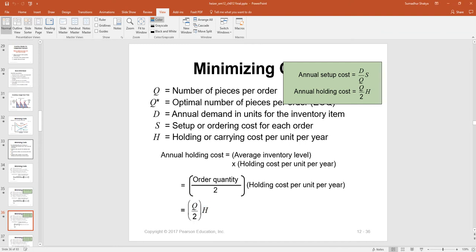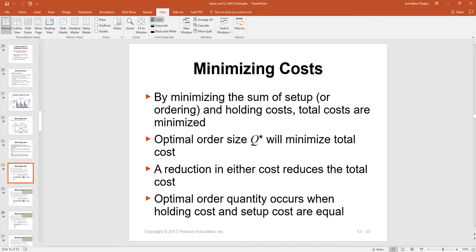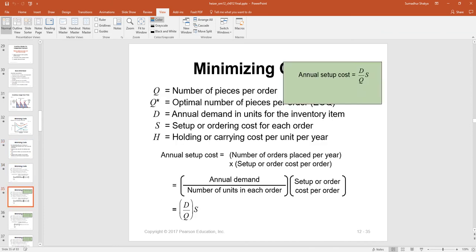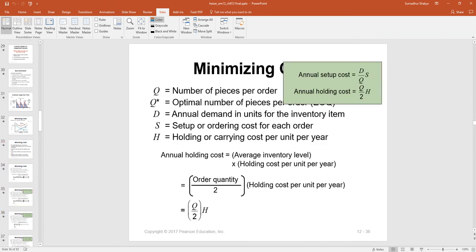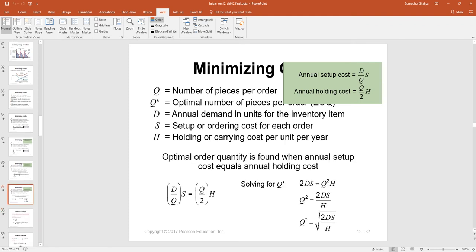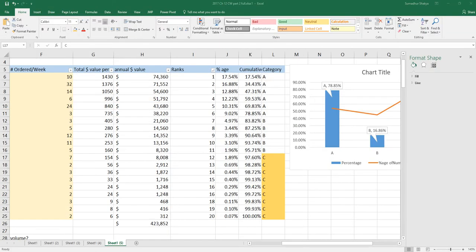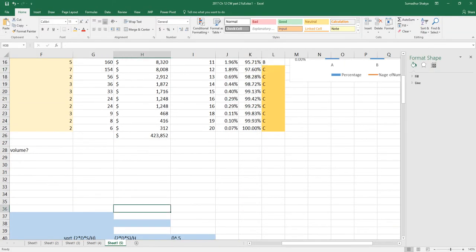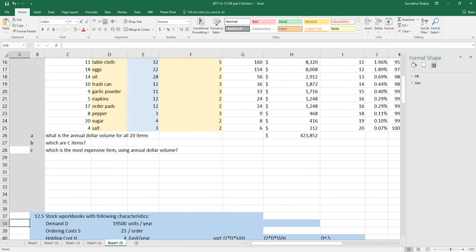Now let's calculate some of the problems to get our hands on this. We have an example here. Let's say problem number 12.5, wherein we have the stock workbooks.